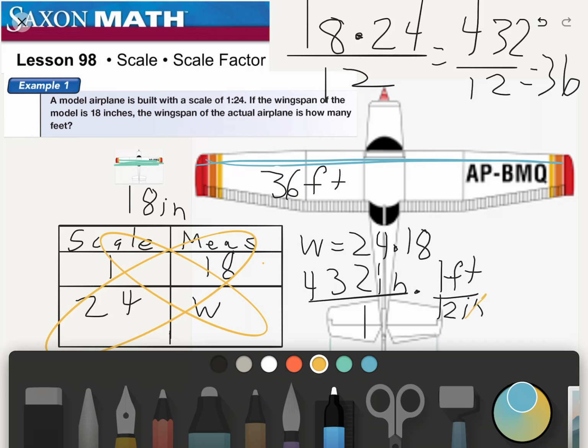Do a little bit of cross canceling here. Do a little bit of cross canceling here as well, and essentially get us to the same answer. It's 36 feet.